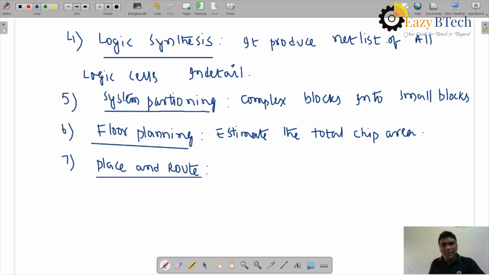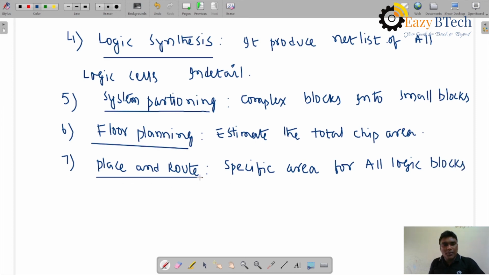So a specific area is allotted for all the logic blocks.